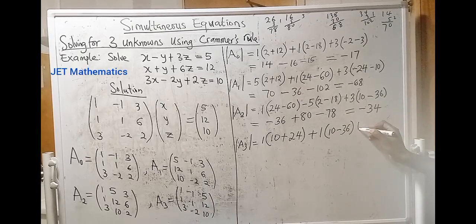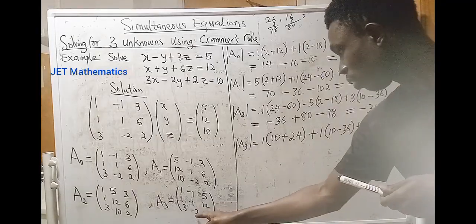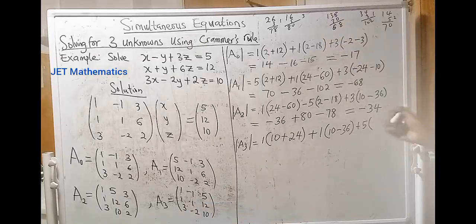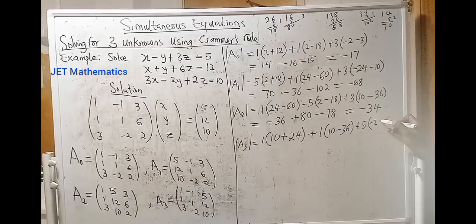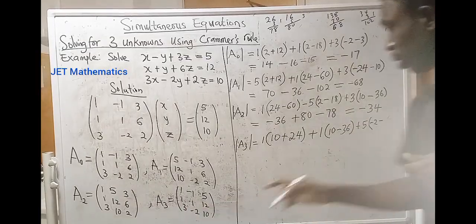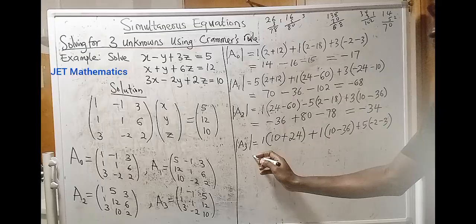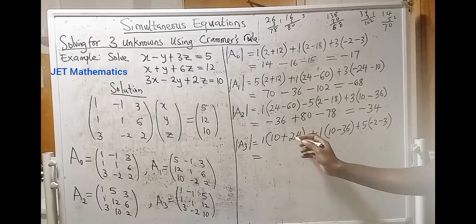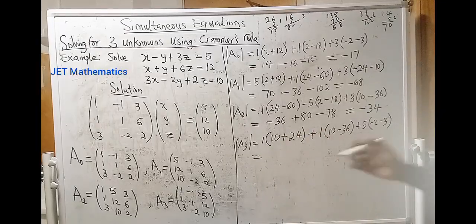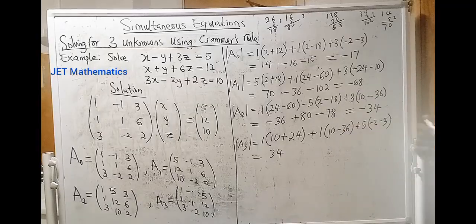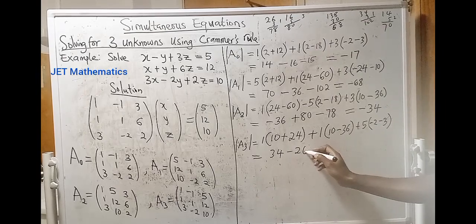Okay, plus 5, bracket, then we have minus 2 times 1, minus 2, then minus 3 times 1 is 3. Okay, so this gives me 10 plus 24 is 34, times 1 is 34. 10 minus 36 is minus 26, times 1 is minus 26.